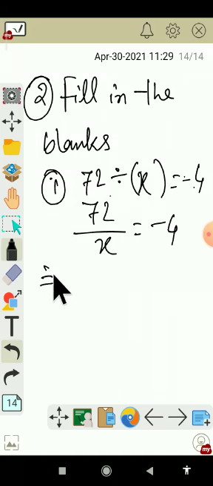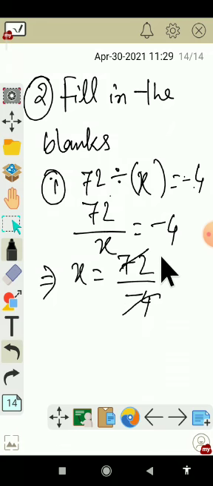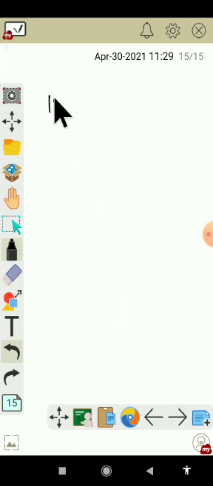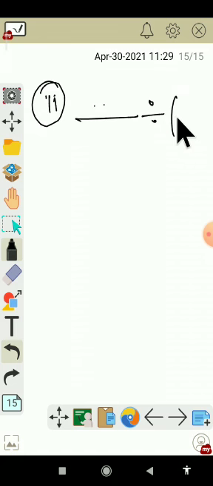Here x will be 72 by -4. 4 ones are 4 and 4 eights are 32. That means -18. So our answer will be -18.